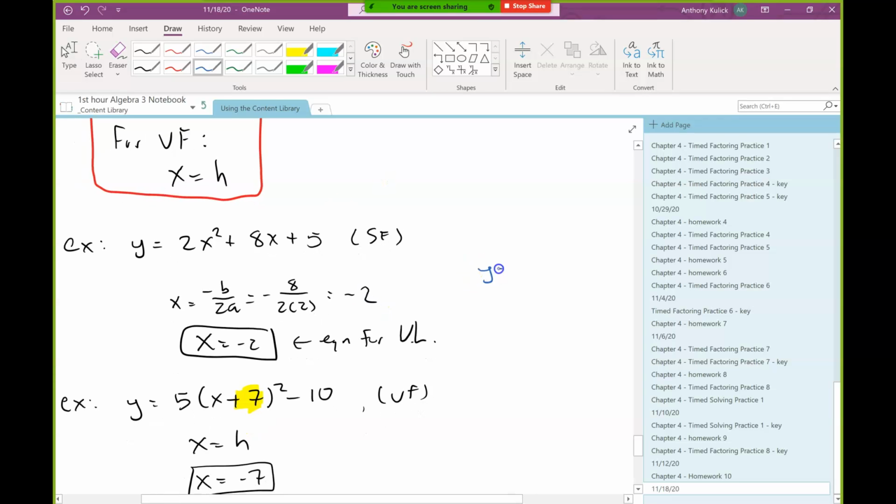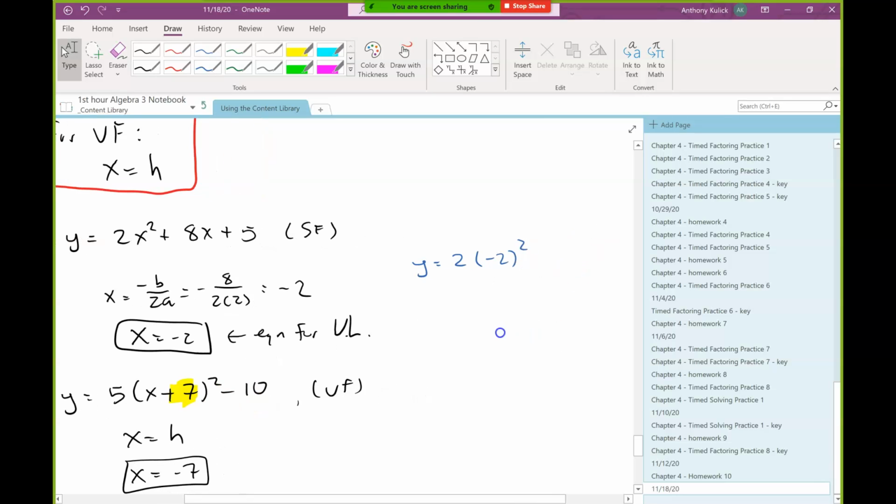So now, what I'll do is I'm going to take my value for the axis of symmetry. I'm just going to plug that in for x. Now, if you hadn't already gotten the axis of symmetry, you'd have to find that using the formulas. So negative 2 squared is 4. 8 times negative 2 is negative 16. 2 times 4 is 8.